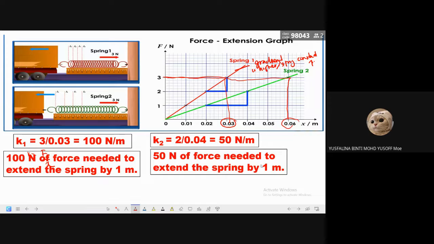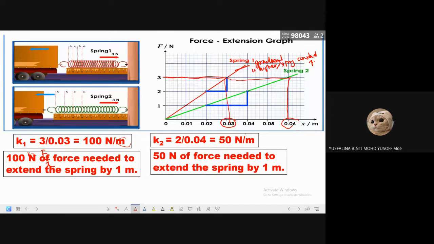So here, 100 Newton of force. What does it mean by 100 Newton per meter? It means if you want to increase the length by 1 meter, you need 100 Newton of force. And for this one, if you want to increase 1 meter, you need 50 Newton.